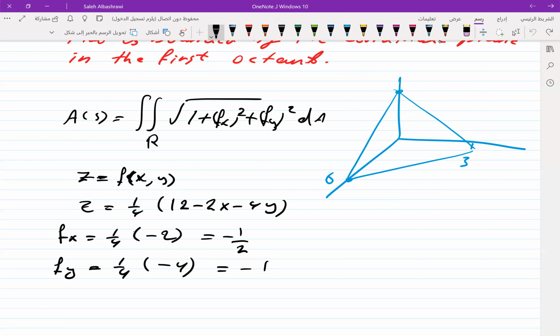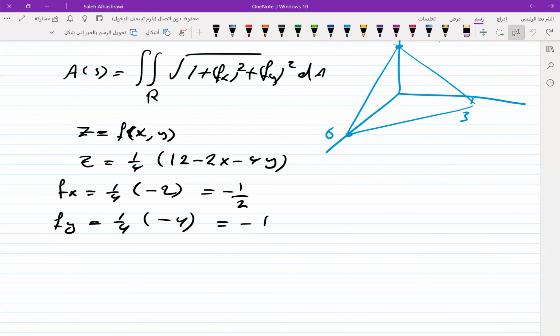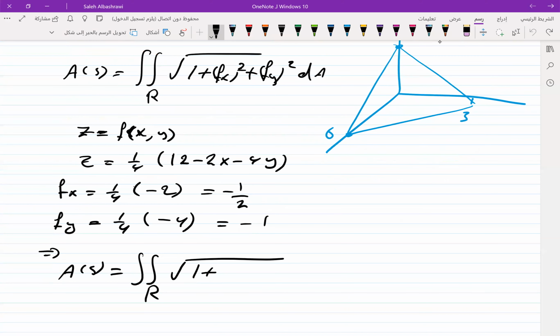So I got the partial derivatives f sub x and f sub y. This will give me now the surface area: the integral over R of the square root of 1 plus minus 1 half squared, which is 1 over 4, plus f sub y squared, that will be 1, dA.